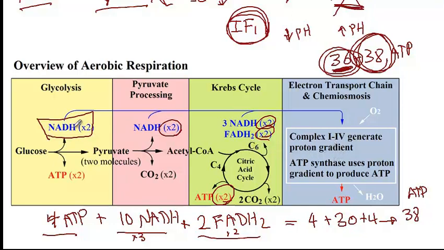And this transfer of NADH from cytoplasm to mitochondria in the eukaryotes can cost energy, 1 ATP per NADH molecule. So that's why eukaryotes are making 36 ATP compared to prokaryotes, which are making 38 ATP from one glucose molecule.